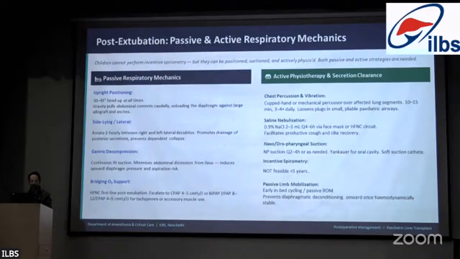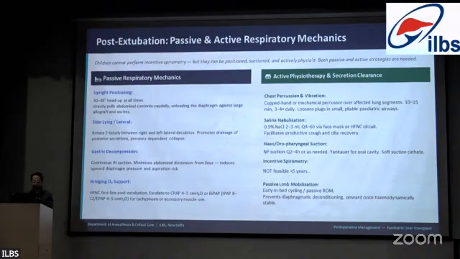And post-extubation, the child cannot perform incentive spirometry, so there are higher chances of airway compromise, collapse, and atelectasis, but they can be positioned, suctioned, and given active physiotherapy. So we use both passive and active mechanisms. Passive mechanisms include upright positioning, 30 to 40 degrees head up at all times. Gravity pulls the abdominal contents down and unloads the diaphragm.